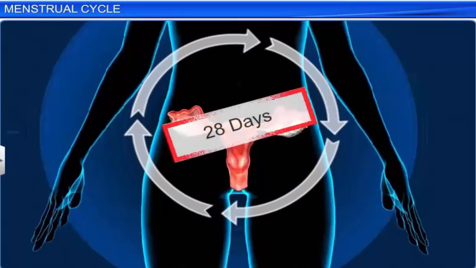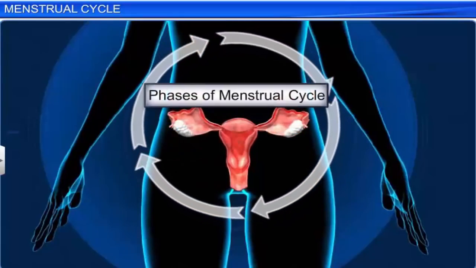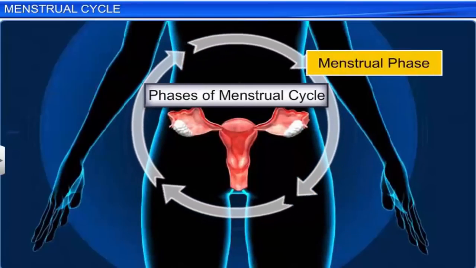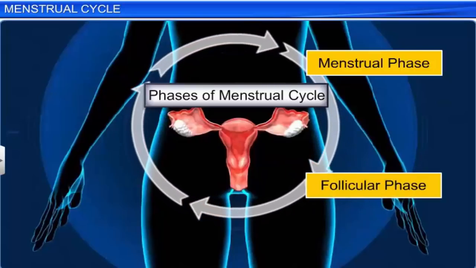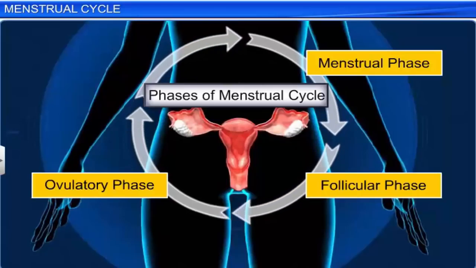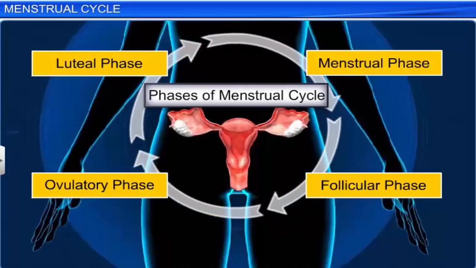Occurring approximately every 28 days, a single menstrual cycle consists of 4 phases: menstrual phase, follicular or proliferative phase, ovulatory phase, and lastly, the luteal or secretory phase.